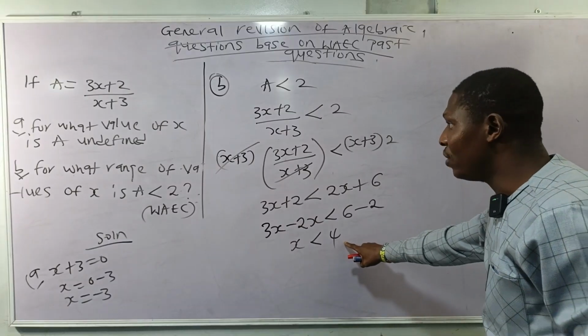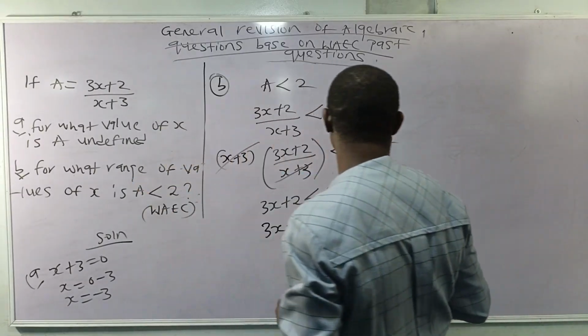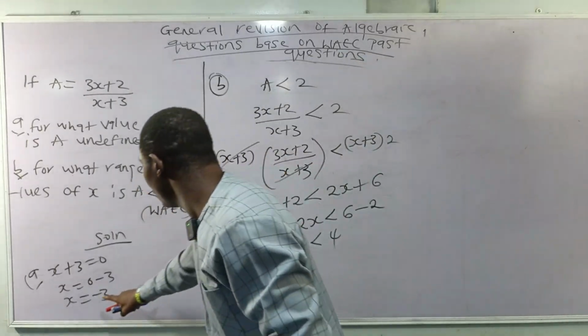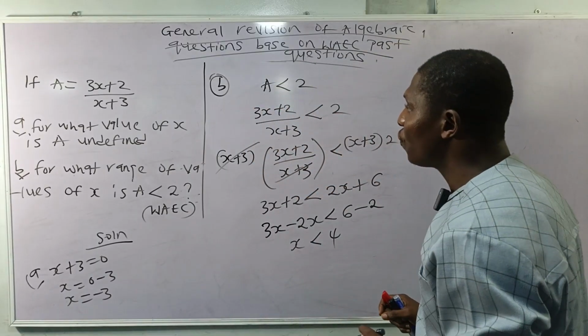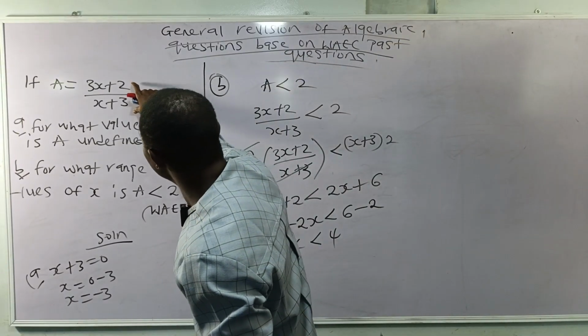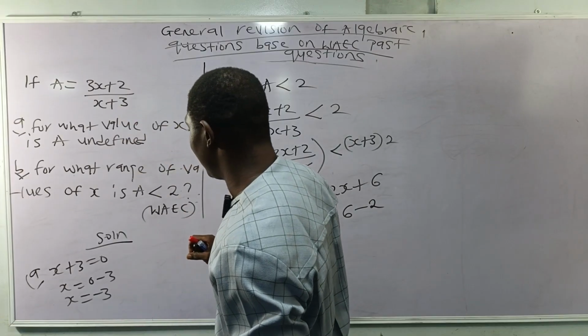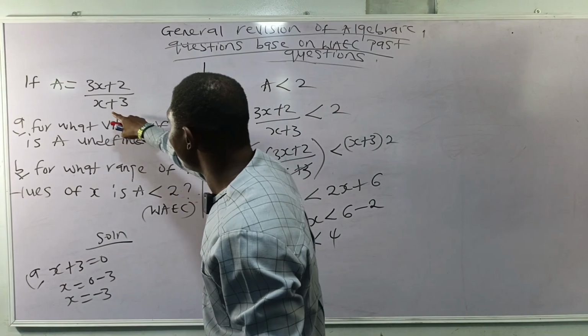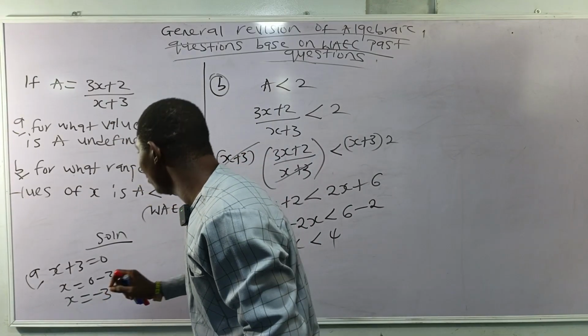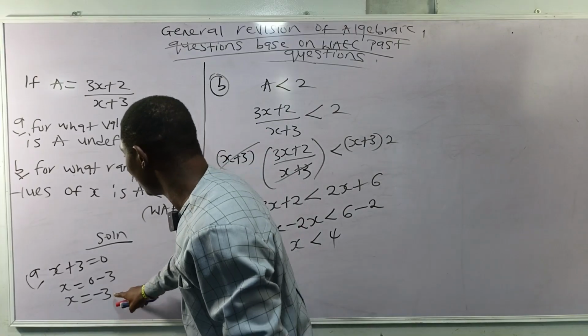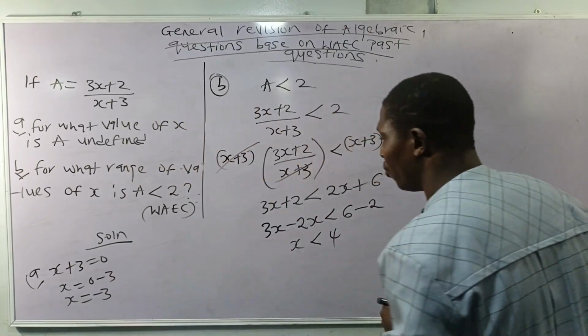So for it to be an inequality, I must compare my answer with this. Because we've gotten one value, so we need a range. For us to use the range, we must also use this value. So for this expression, (3x + 2)/(x + 3), to be defined, x is either greater than minus 3 or x is less than minus 3. So write it.